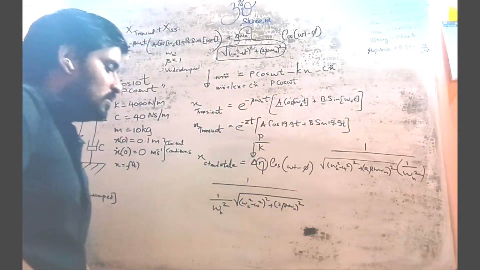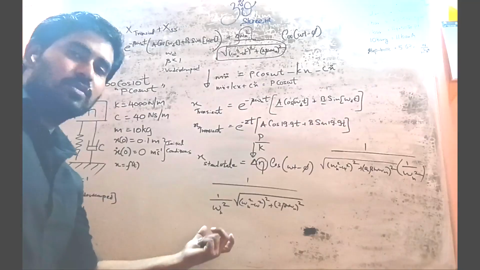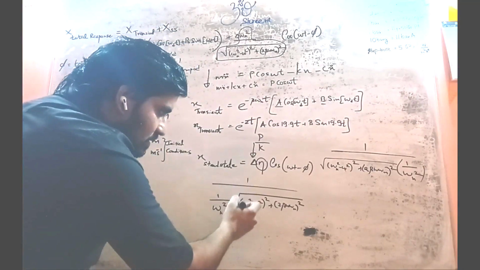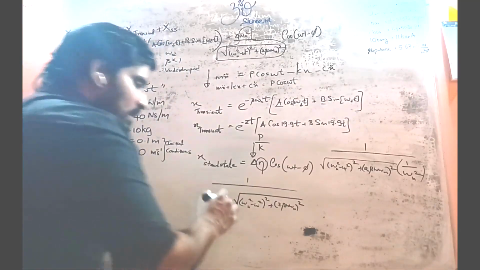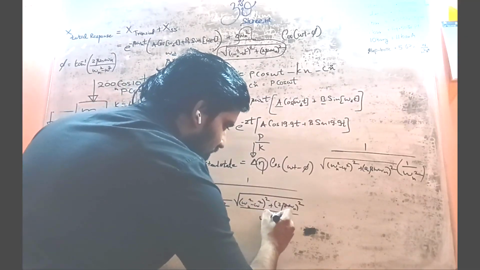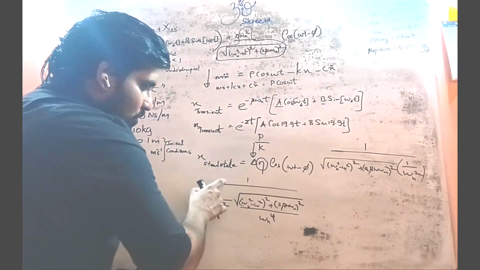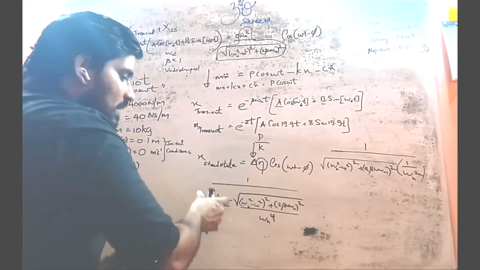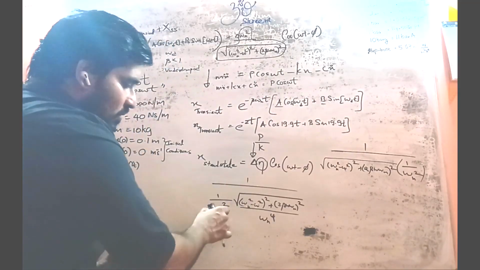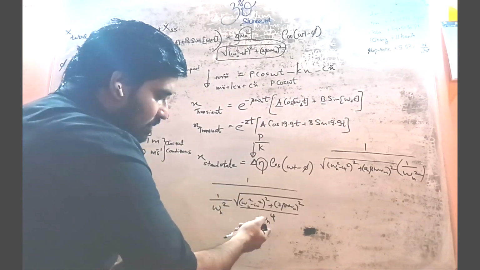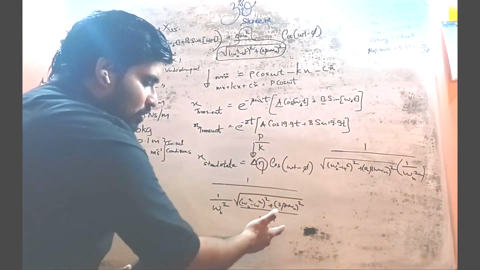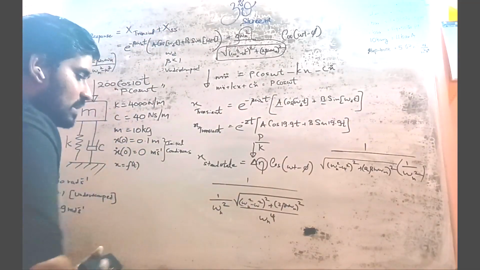This 1 over omega n squared we can include inside the square root symbol. Then this omega n squared will become omega n to the power 4, because the square root of omega n to the power 4 gives omega n squared.